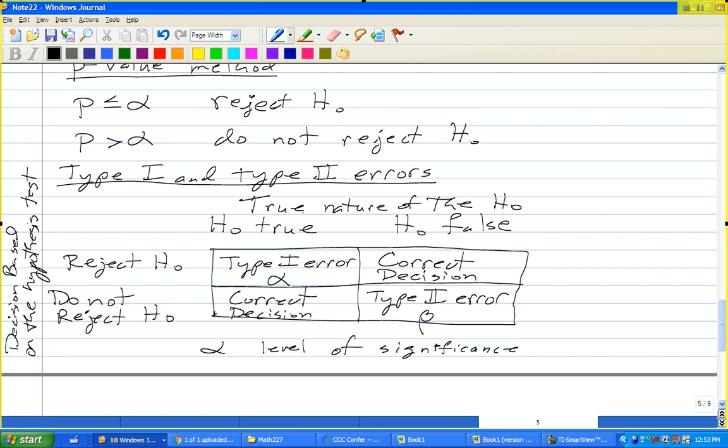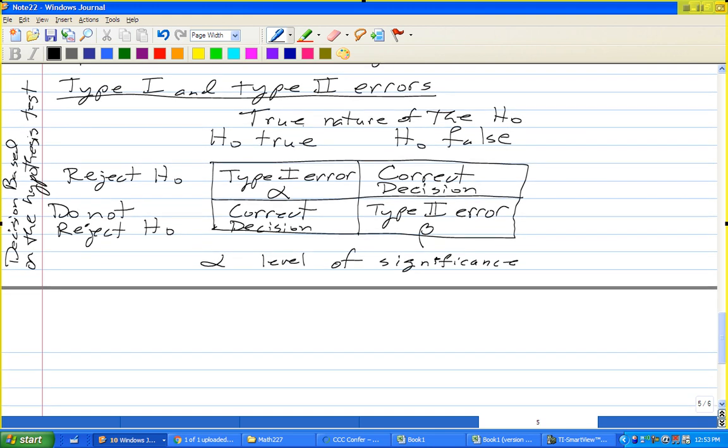Now, in a hypothesis test, what we do is we fix alpha, and then we try to minimize beta given alpha.